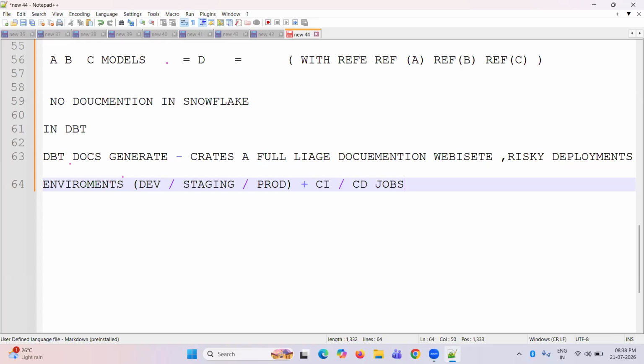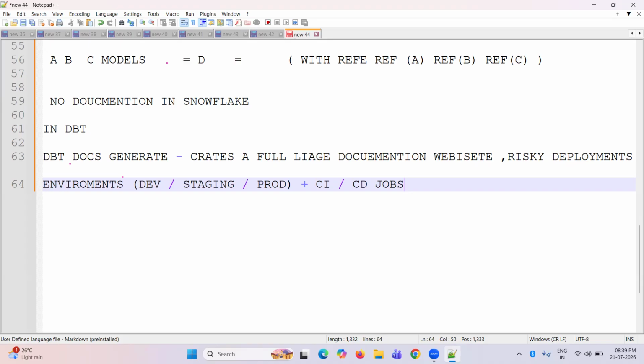Suppose I need the count of customers, count of orders, count of payments. I write three macros, and wherever I need them, I use them in the DBT model. So instead of copy-pasted SQL everywhere, we have macros, Jinja, and reusable code. We don't need to repeat again.